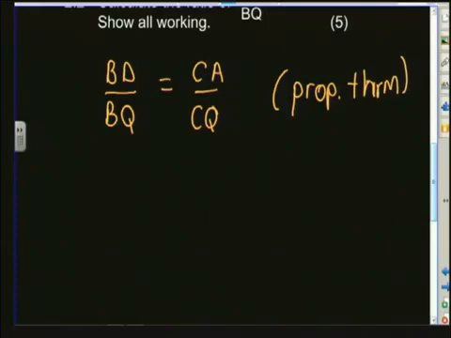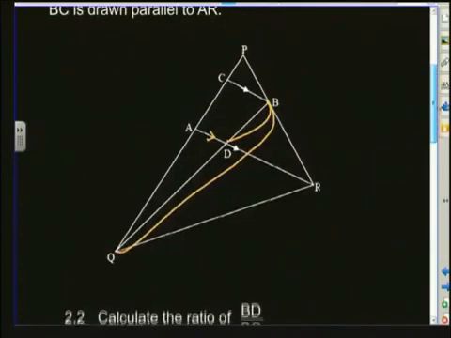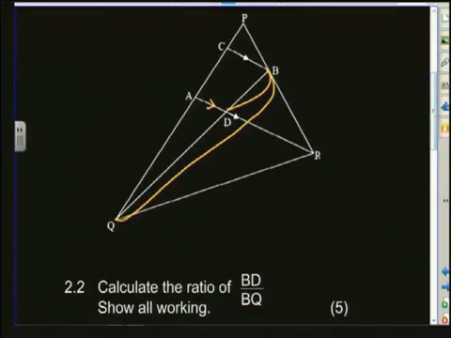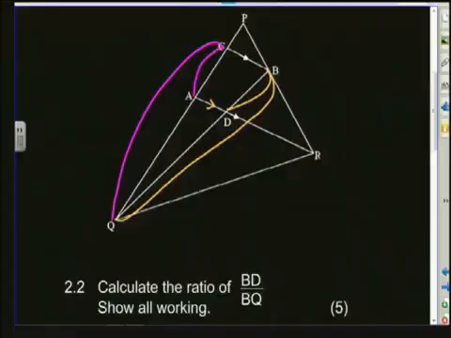All right, so BD over BQ is equal to CA over CQ. So on your diagram, this is what we're saying. That's CA and that's CQ. So in other words, if you can get the ratio CA over CQ, then BD over BQ is going to be exactly the same.